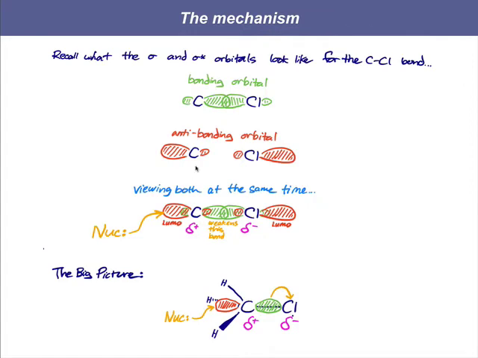They are both present on the same atoms simultaneously. So if we look at them kind of superimposed on one another, this is what it looks like. So you can see that the nucleophile is going to fill the LUMO, which would be on the back side of the carbon-chlorine bond.